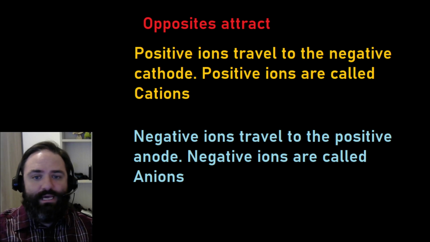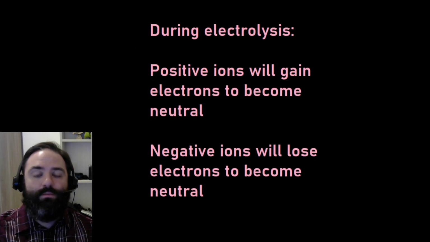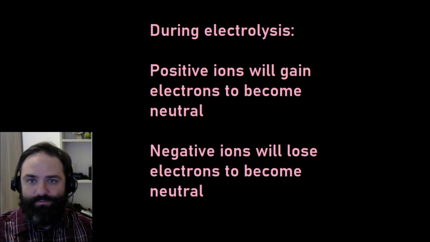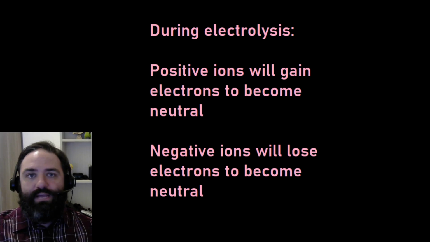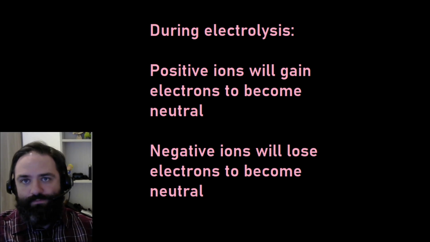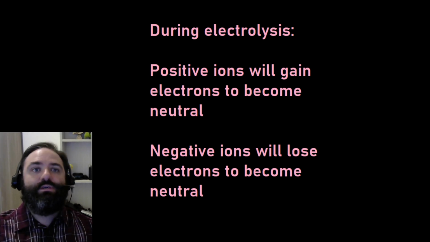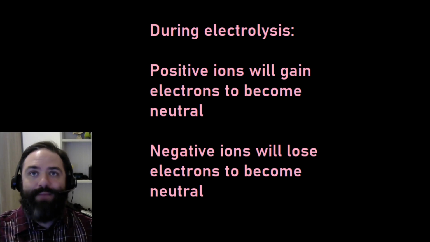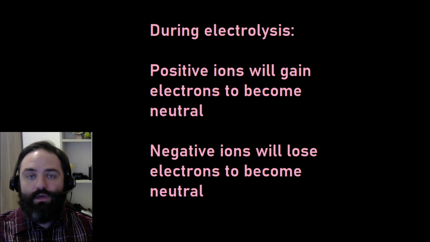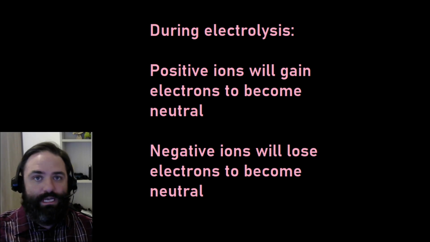What happens when they get there is they gain or lose electrons in order to become neutral atoms. So if you have a negative ion, when it reaches the anode, it's going to be made neutral, so it is going to lose an electron.